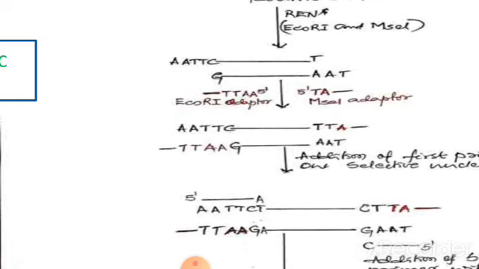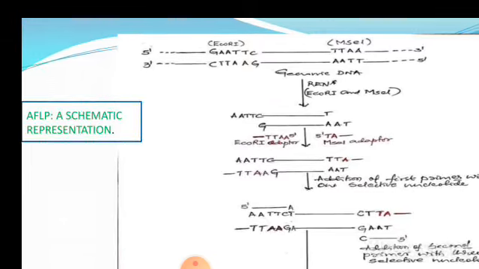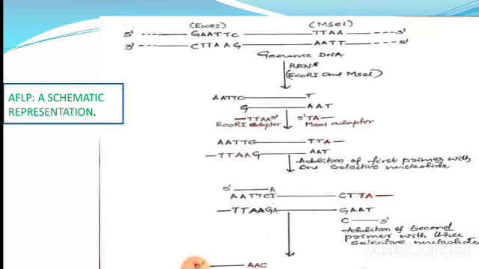Then, the DNA fragments can be amplified with AFLP primers, each having only one selective nucleotide. In the initial stage, you will add first primers with one selective nucleotide, okay, one selective nucleotide, and you will get the PCR products, and these PCR products are diluted, and again they are used as templates for selective amplification, employing two new AFLP primers that have 2 to 3 nucleotides.